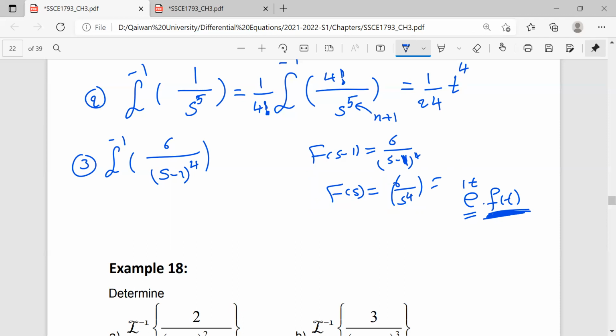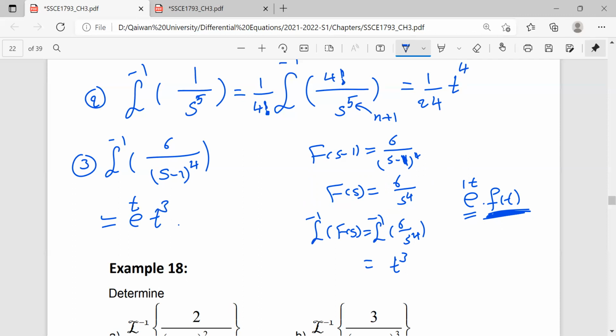Let me do it in another step. The Laplace inverse of F of s, which is 6 over s to the power 4, equals t cubed. So the result here equals e to the power 1t times f of t, which here is t to the power 3.